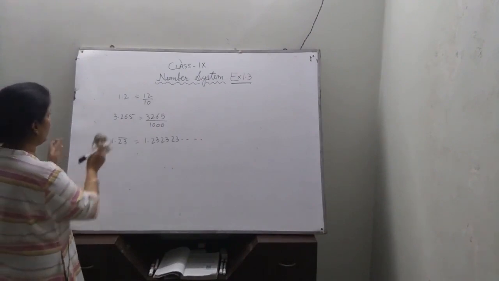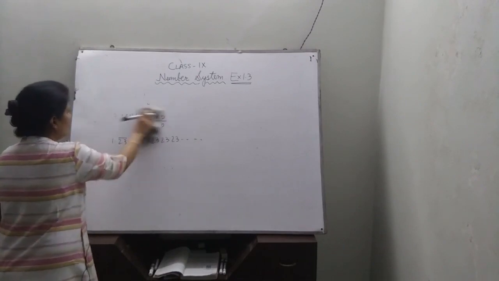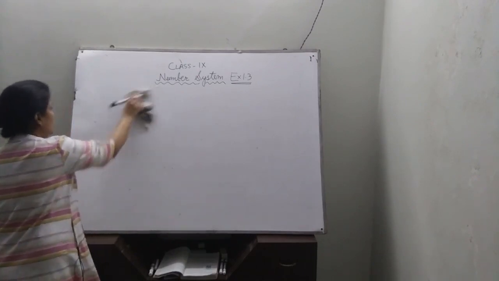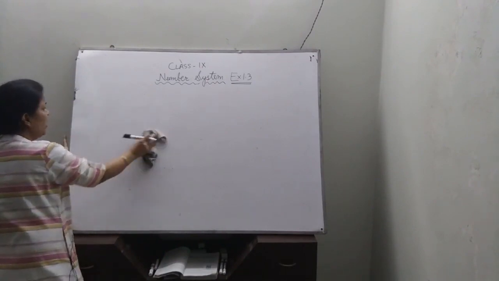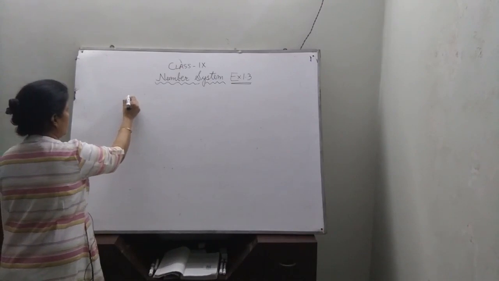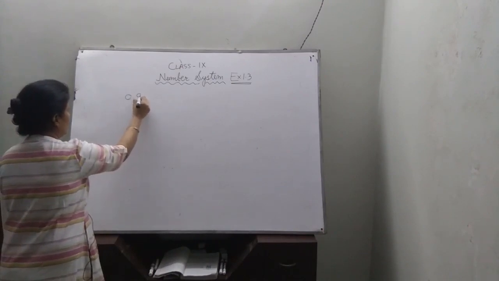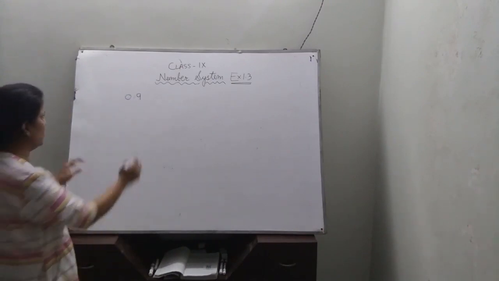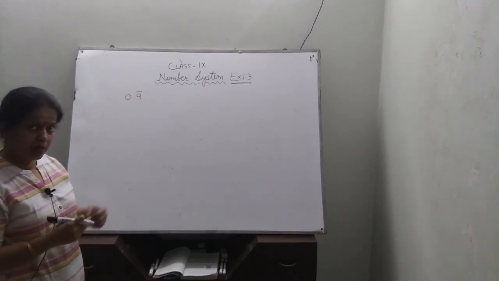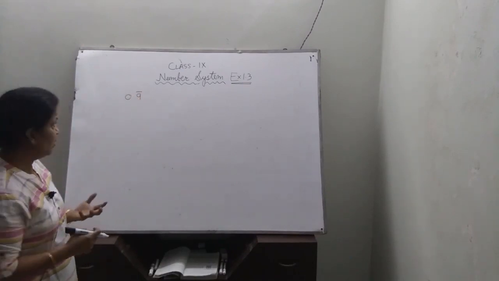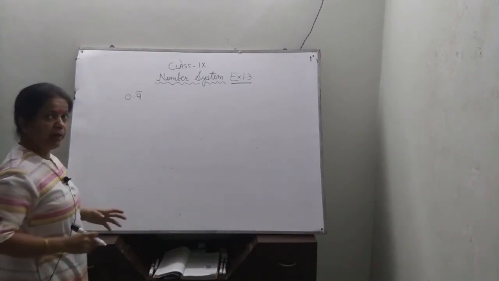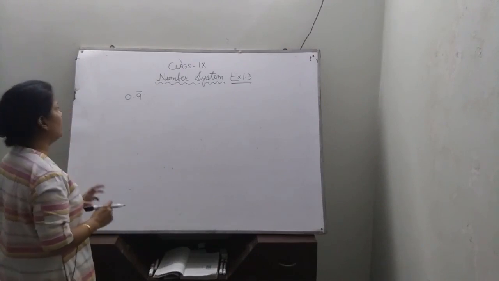So let's see the method which we will use to convert the decimal expansion which is reoccurring. A very simple example I have taken: 0.9 bar, means this number is reoccurring.